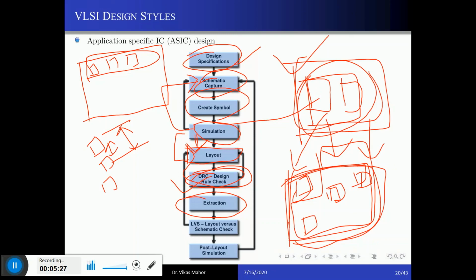Those all resistance and capacitance need to be taken into account for calculating the DC voltage characteristics, the dynamics like delay of the circuit. The resistance and capacitance of these elements will definitely affect the delay of the circuit, so we will extract those resistance and capacitance, and then we do LVS, layout versus schematic checking.